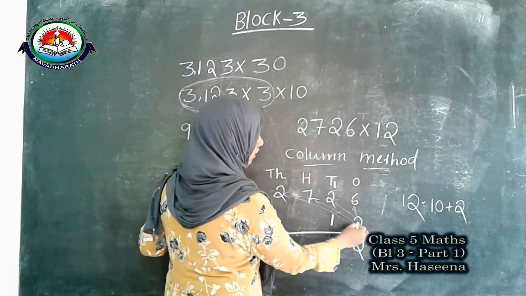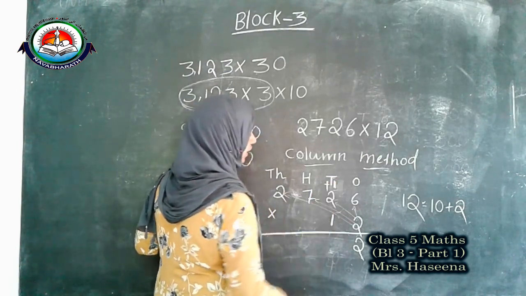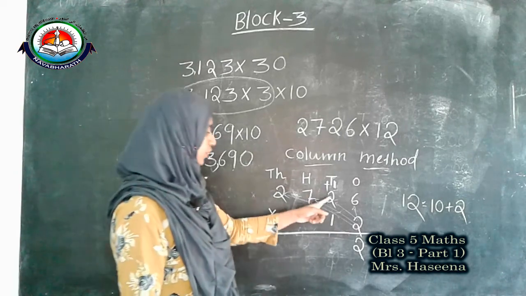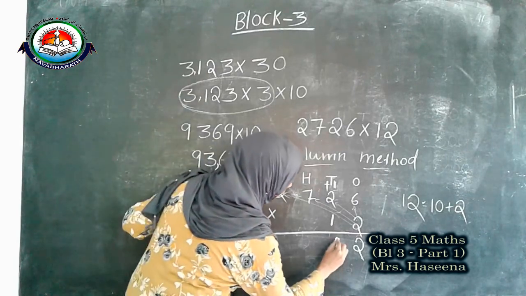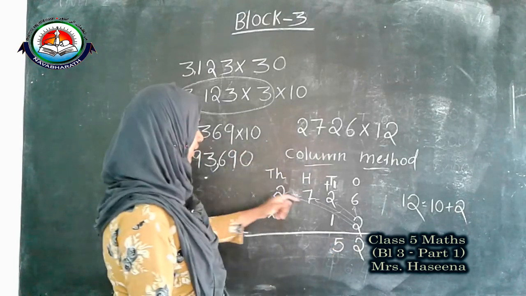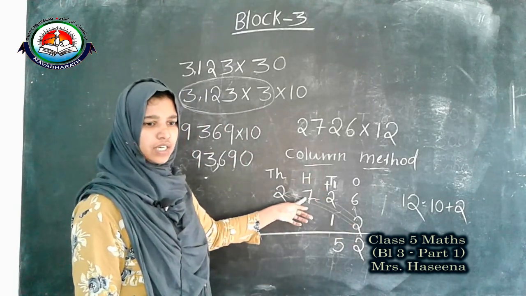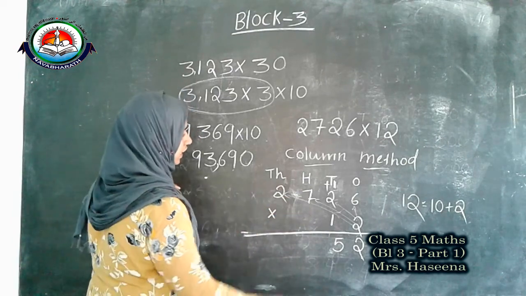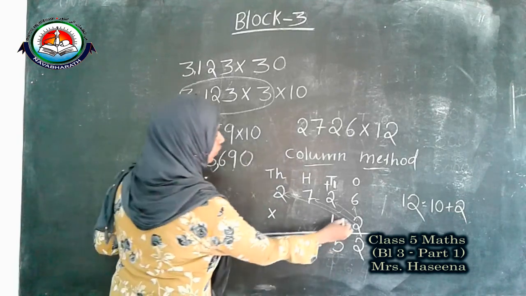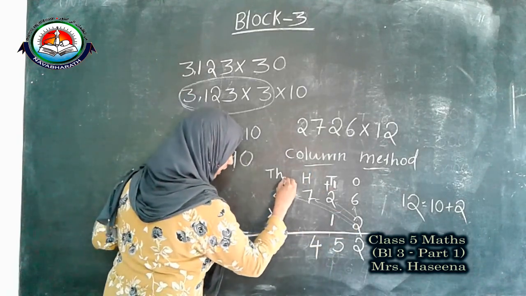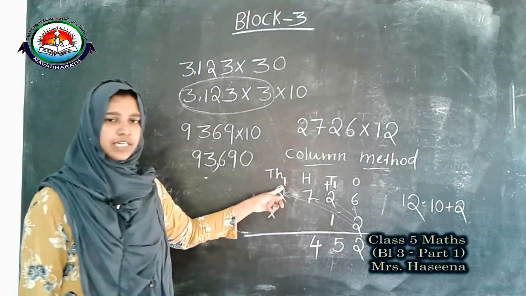Then multiply these two. 2 into 2, 4. 4 plus carry over is equal to 5. Then 2 into 7 is equal to 14. 14, we can write only 4, carry over 1. This carry over is 1000. That's why we are writing only 1.